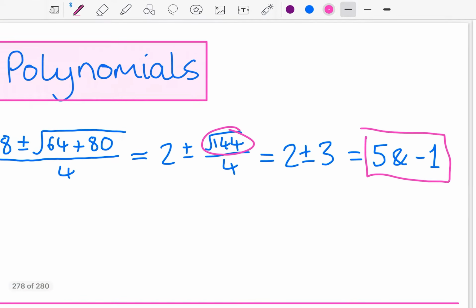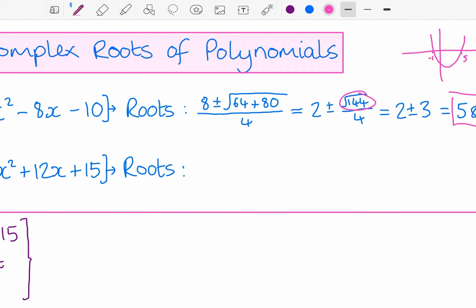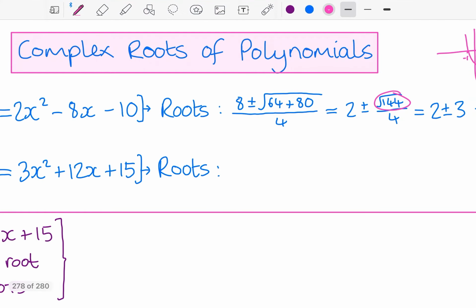So this one, you could say the graph would look something like this, with roots at -1 and 5. Real roots, real numbers there, 5 and -1.